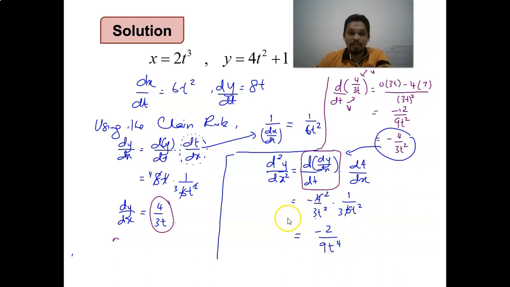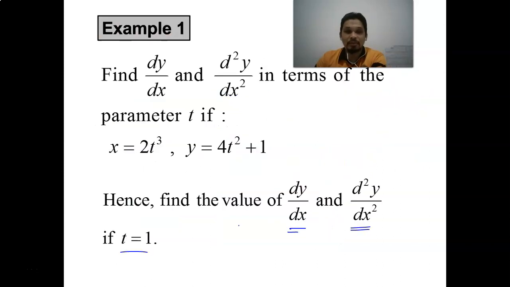Okay, so what's the next question? Find the dy dx and second derivative of y with respect to x if t equal to 1.